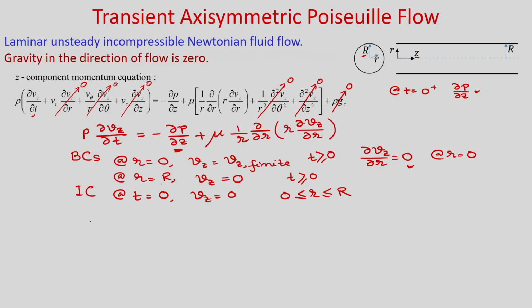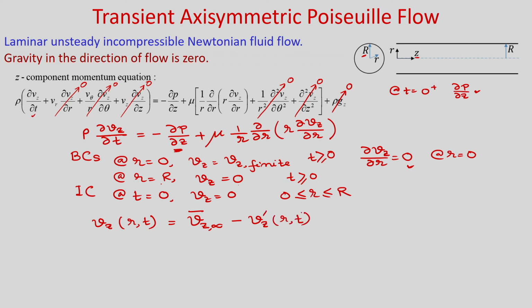So, now you can see that we will decompose this problem Vz, which is a function of r and t, as V bar z infinity, a steady state solution, minus one transient term Vz prime, which is a function of r and t.